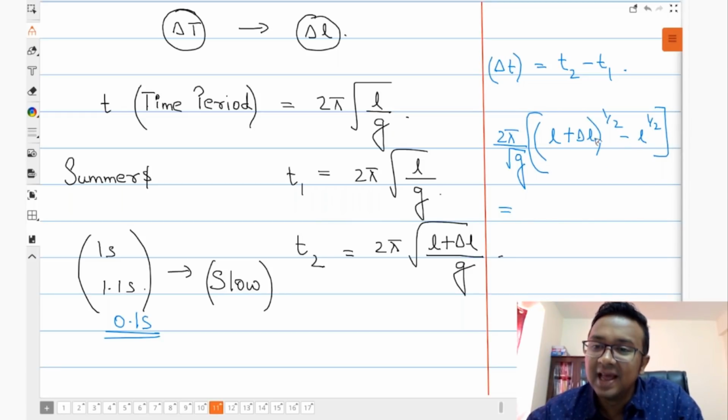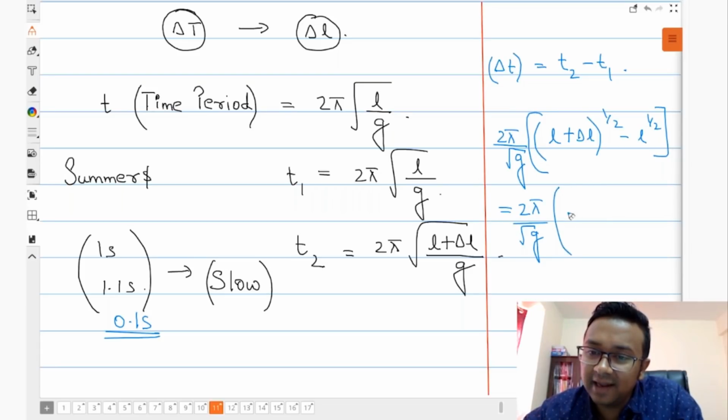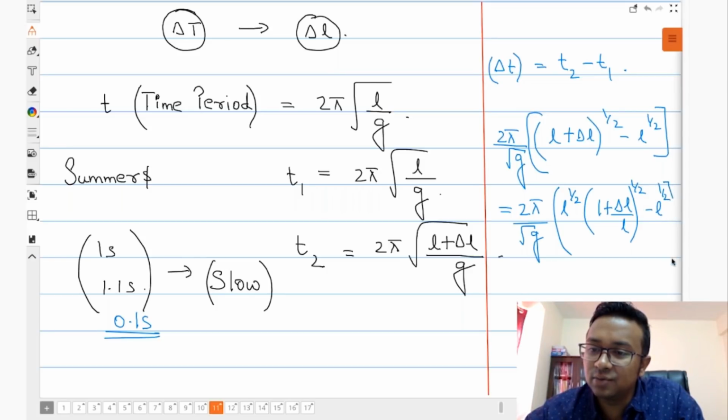Now understand one thing here: 2 pi root over G. And here I'll take my L common out, so it becomes L to the power 1 by 2 times (1 plus delta L upon L) to the power 1 by 2, minus L to the power 1 by 2.